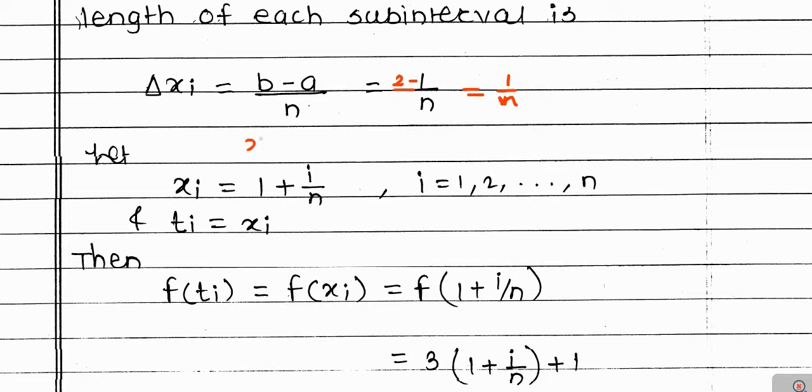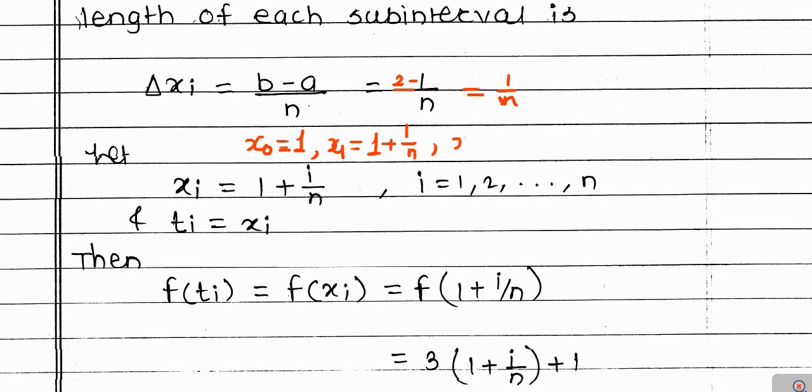The first point in the partition was x0, which was equal to the left end point, that is 1. Then x1 was the second point in the partition, and x1 we are considering 1 plus i by n, and if we put i equal to 1, then this becomes 1 plus 1 by n. So x1 will be 1 plus 1 by n.